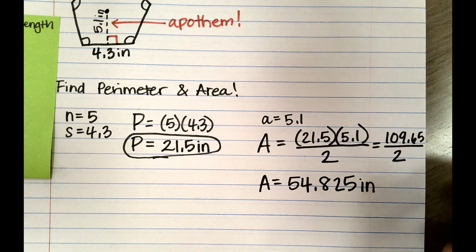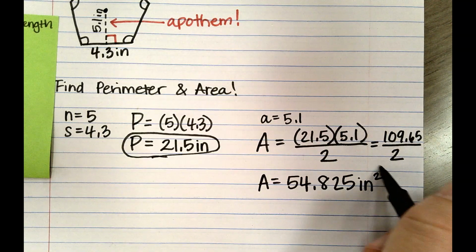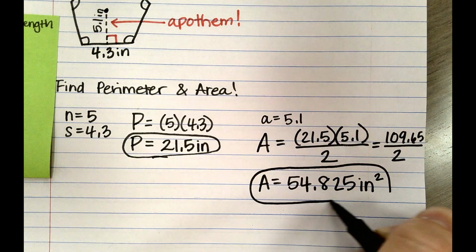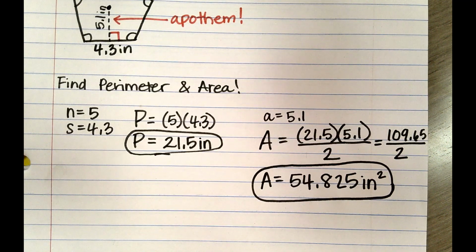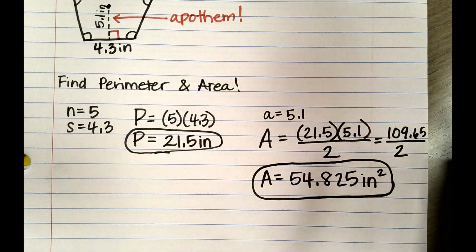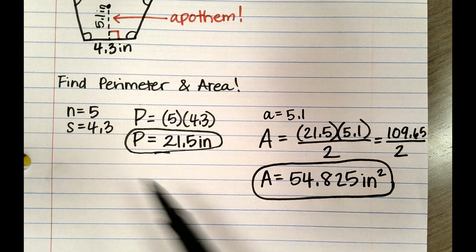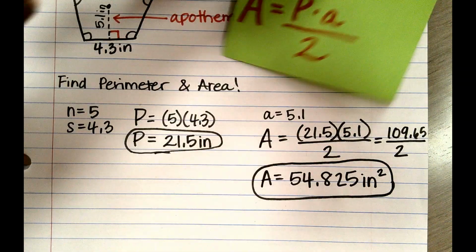It would be squared. Yes, inches squared. Good. So there you go. Your perimeter we found very easily. And then your area, once you have your perimeter, you can find that not too hard either. I'm going to keep this here.